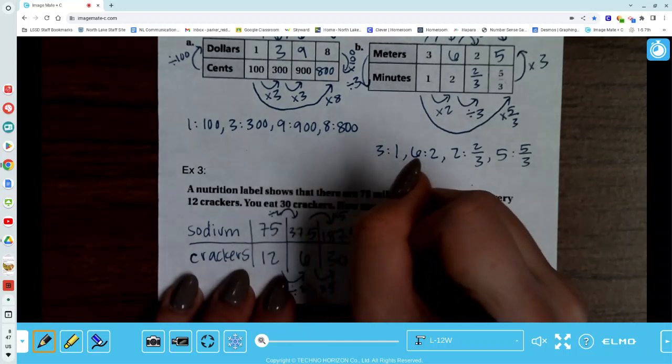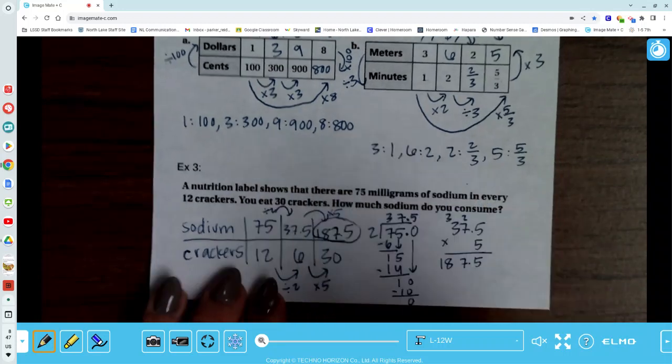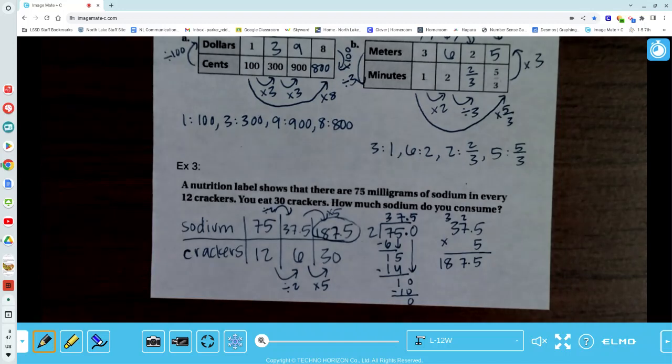So that is the amount of sodium in 30 crackers, because the whole goal here was to create an equivalent ratio, a ratio equivalent to 75 milligrams of sodium in 12 crackers, but where there are actually 30 crackers, and we can use a table to do that.